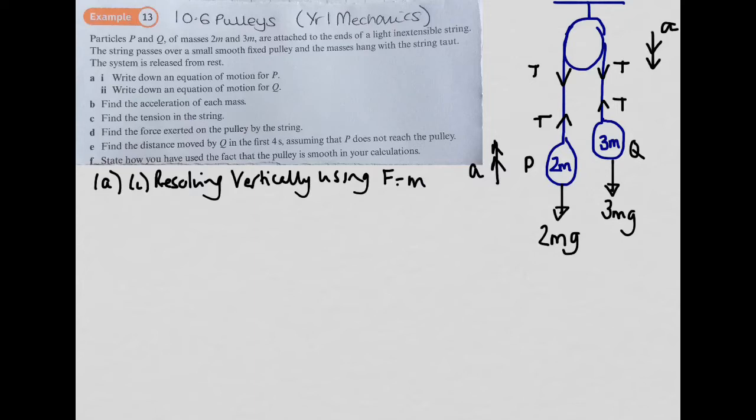Now when we do this, what we need to do to help us is draw a little dotted line just across here, it can help us just see the forces that are only acting on particle P. So we're just looking at this particle P just here.